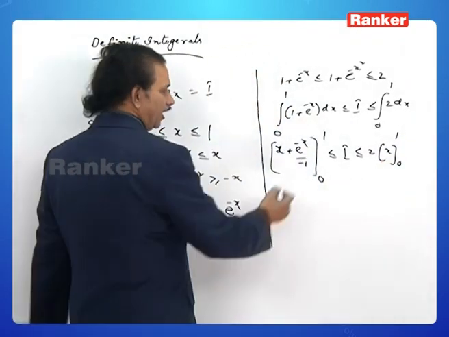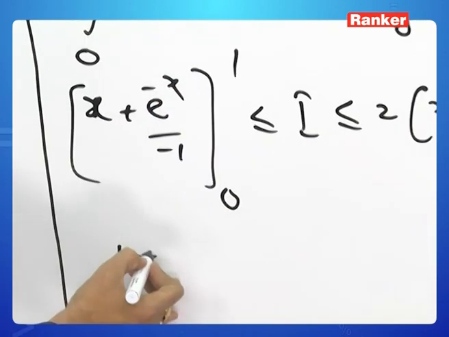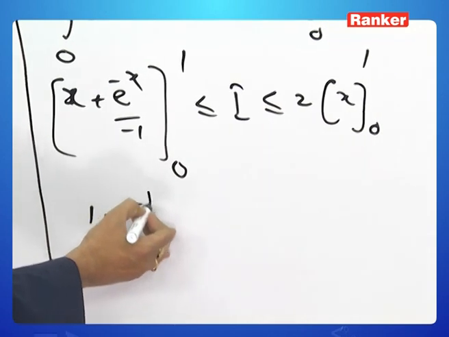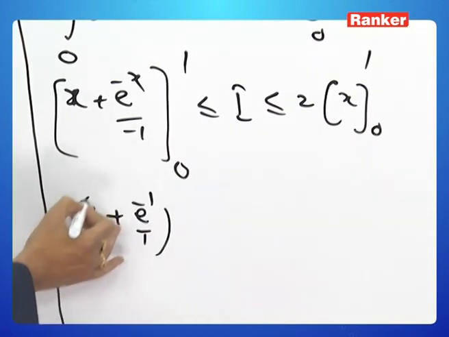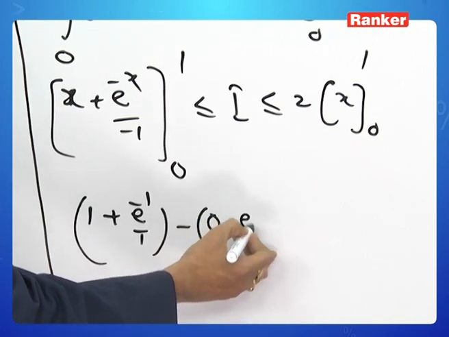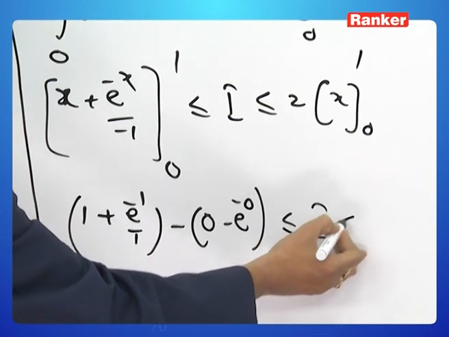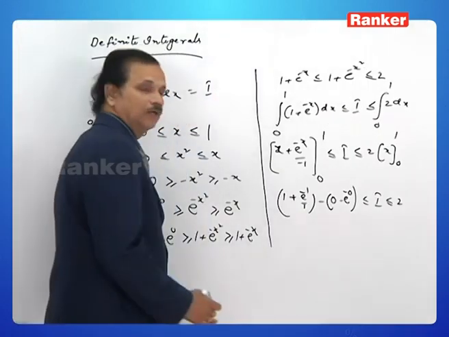Come on, tell me. If you put x as 1, 1 plus e power minus 1 by minus 1, minus 0 minus e power minus 0, less than or equal to I less than or equal to 2.